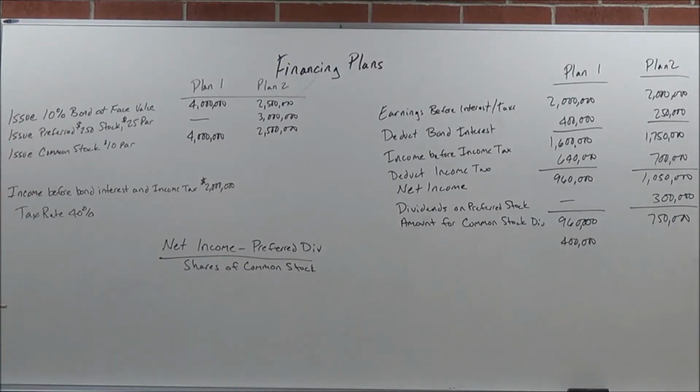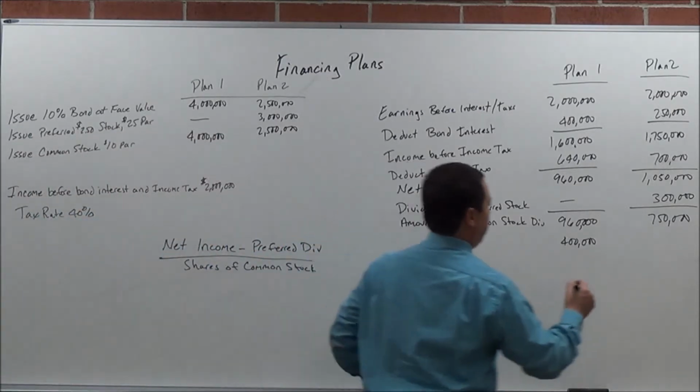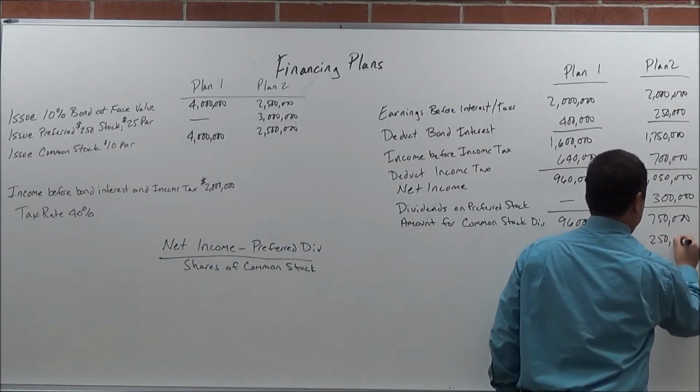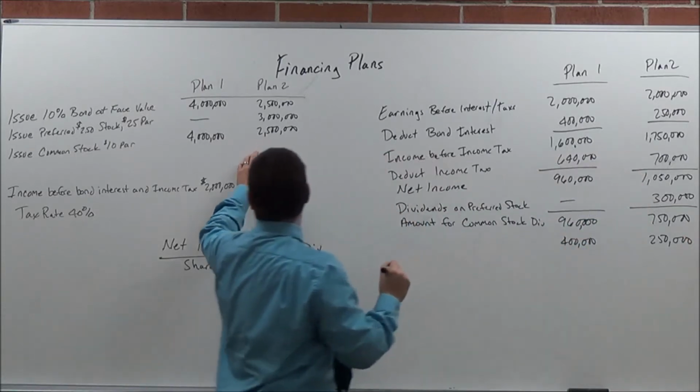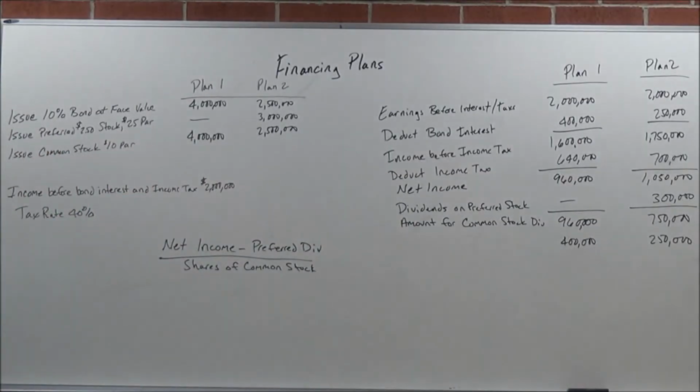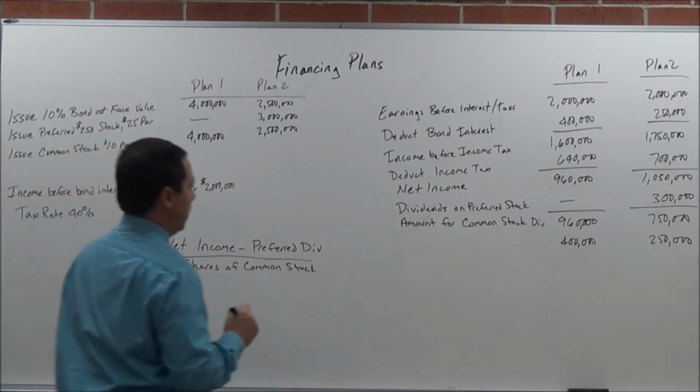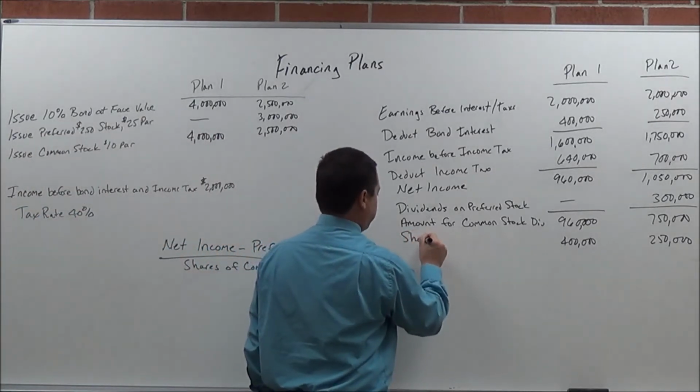And then we have the 400,000, and then we have the 250,000 of that one. 2.5 million divided by 10 gives us that value. And these are our shares of common stock outstanding.